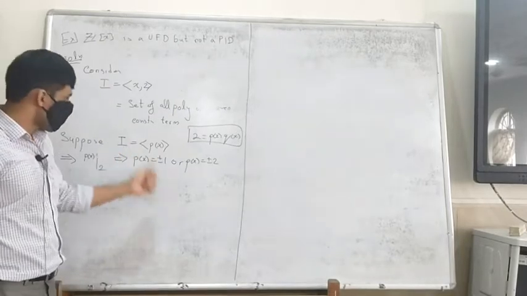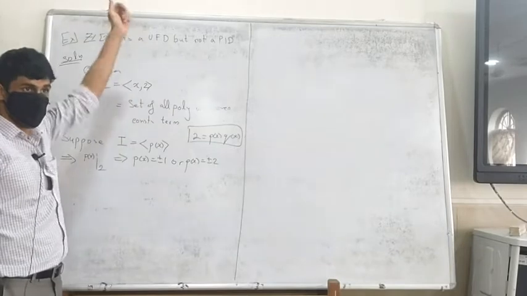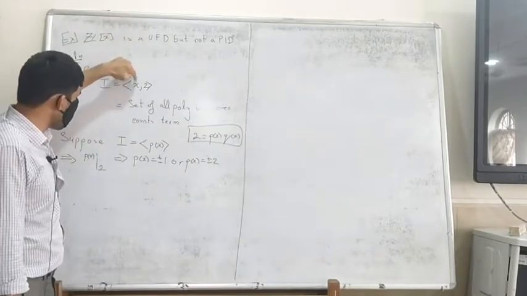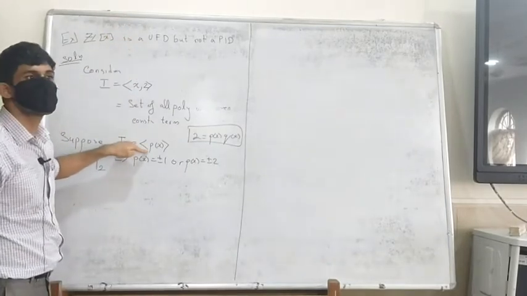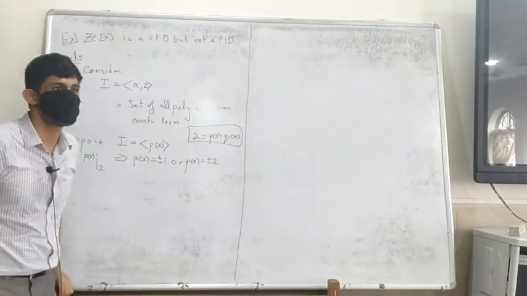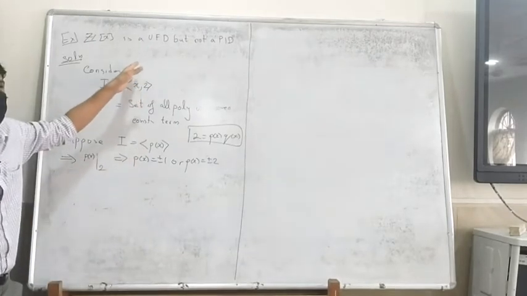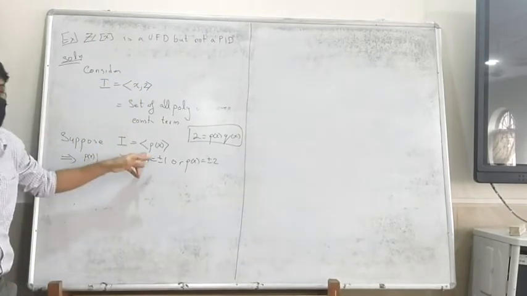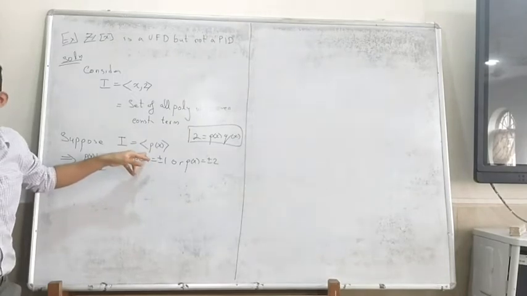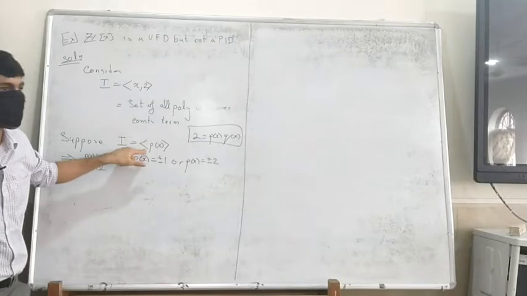Again, now you'll have to say that I is not this. Can you find an element from here which is not here? x, right? x is in I, but x cannot be here. Why is x not here?